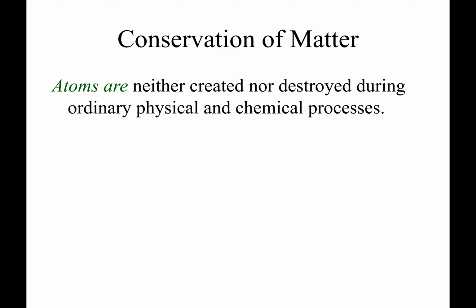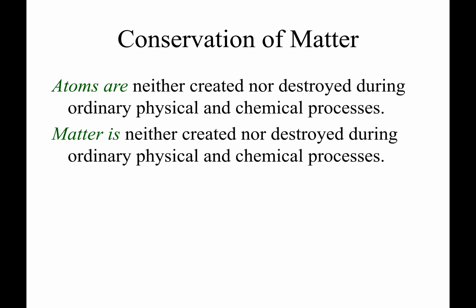Okay. So in this universe, there is a principle of conservation of a lot of things. There's conservation of angular momentum, conservation of energy, conservation of matter. So you should be able to track the matter. So atoms are neither created nor destroyed as long as you're talking about an ordinary physical chemical process. And all matter is made up of atoms. So I feel like this is just saying it in a different way.